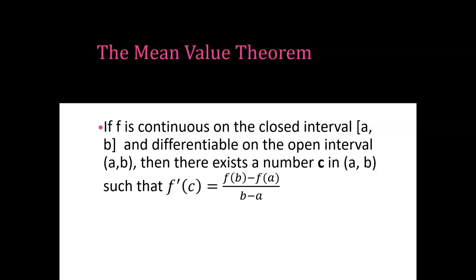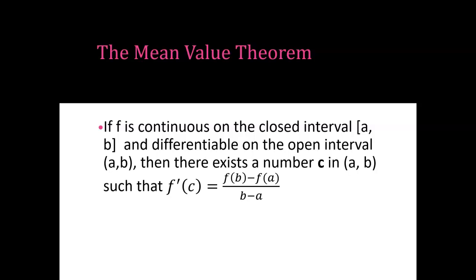So MVT says continuous, closed, and differentiable. Now, it does not have to be differentiable at the endpoints. So if something has a sharp corner on an end, it doesn't matter, as long as it is differentiable around it. So like you could look at an absolute value, but snap it at the vertex, and MVT would still apply.